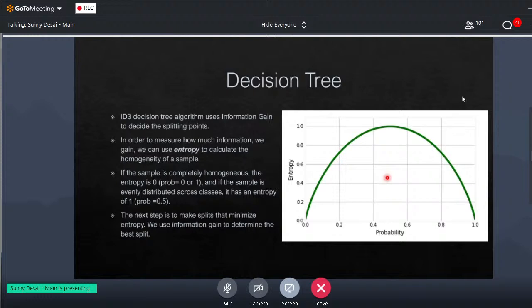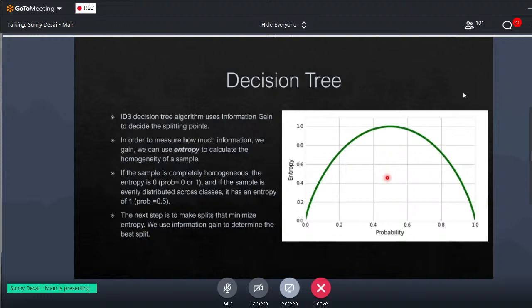So when a decision tree model does splitting, it tries to go from the center either to the right side where the entropy reduces, or to the left side where the entropy reduces. That is how an ID3 algorithm works.